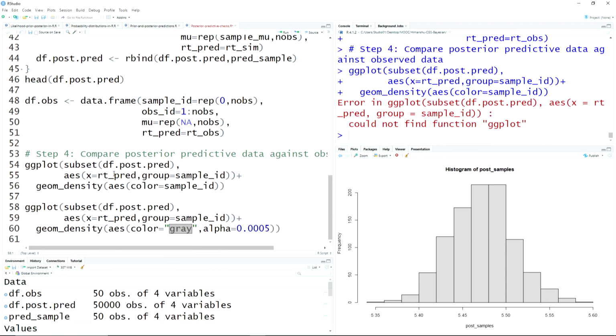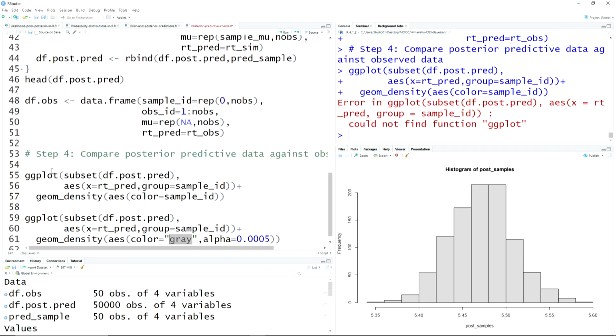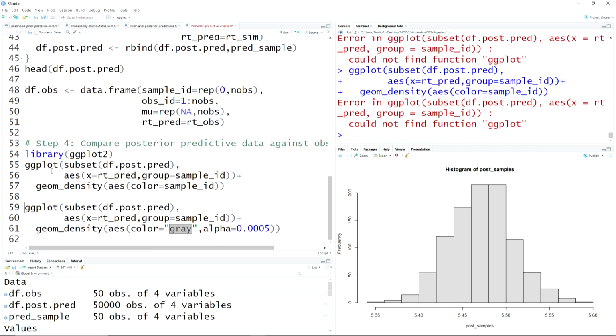This function is going to generate the posterior predictive samples. I am using the ggplot function. This is going to generate the posterior predictive sample.